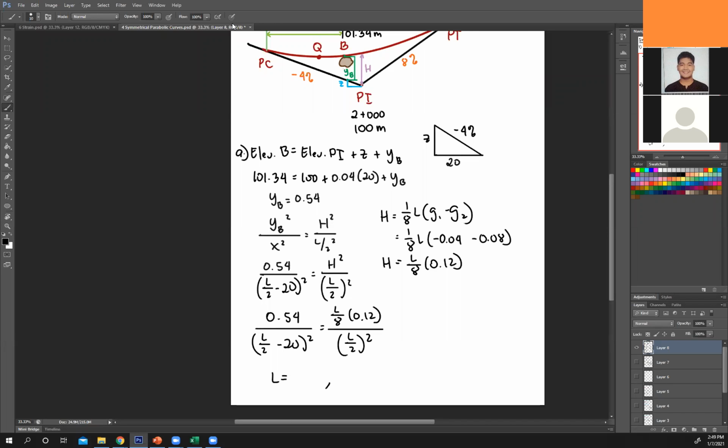What's the value of L? It's a whole number, correct? One of those is 16. What's the other one? Two answers. 100, correct.